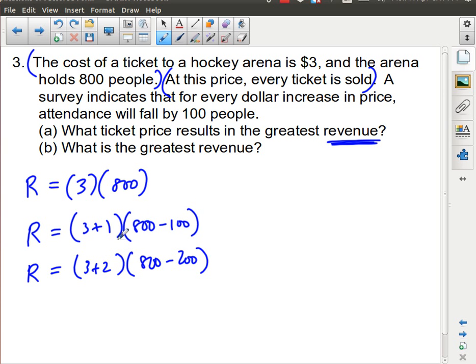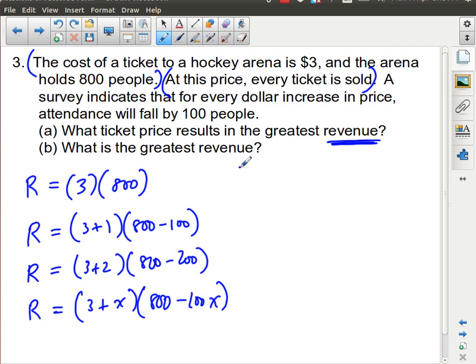So this starts to give you an idea of where your variables are going to come in. If I add X dollars to my ticket price, what happens to my attendance? For every 1X I go up, I lose 100X in attendance.